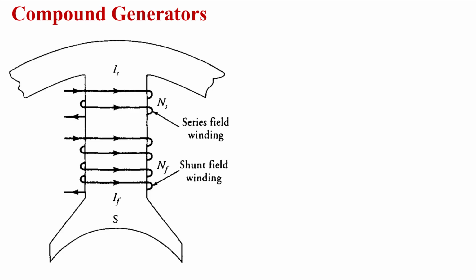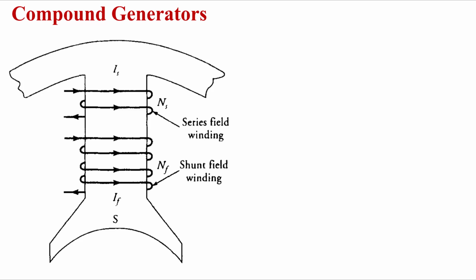So you can see here, this is a field pole. It is marked south pole. The north pole is not shown, only the south pole. Now in this pole, we can see the current direction in the series field winding and the shunt field winding. They are in the same pole structure.